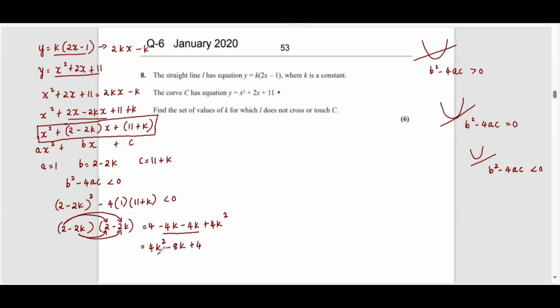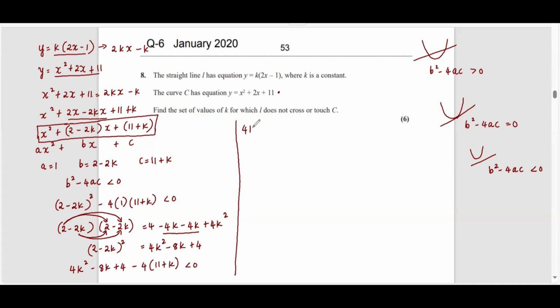So 2 minus 2k the whole squared is 4k squared minus 8k plus 4, minus 4 into a into c. 4 into 1 is 4, so this is 4 into 11 plus k, less than 0.